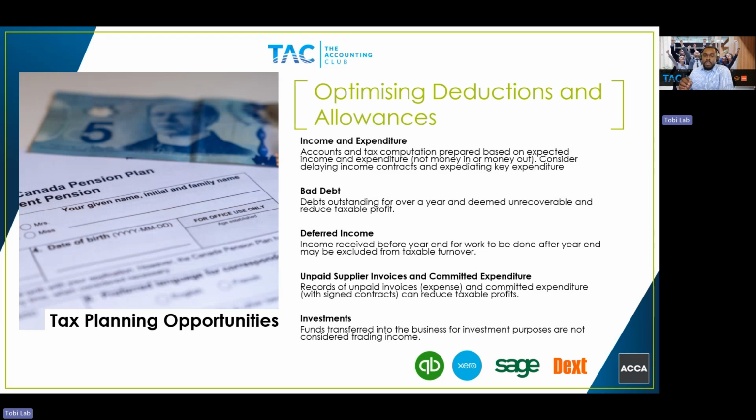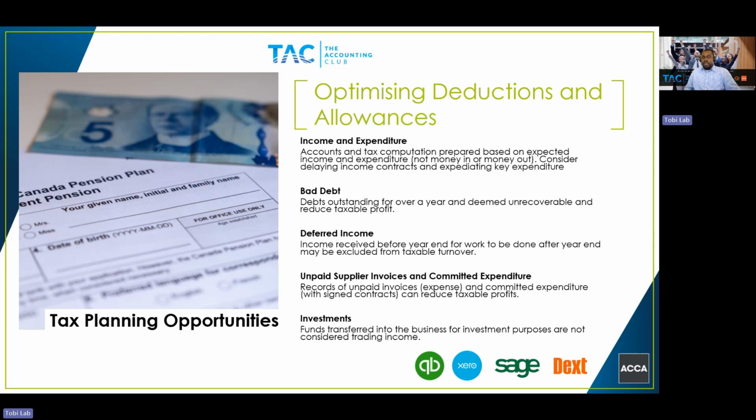So you do not necessarily need to have spent the money before we can make a claim, as long as you have an invoice. And similarly on your income, your turnover, it is based on your expected turnover, not your actual turnover.